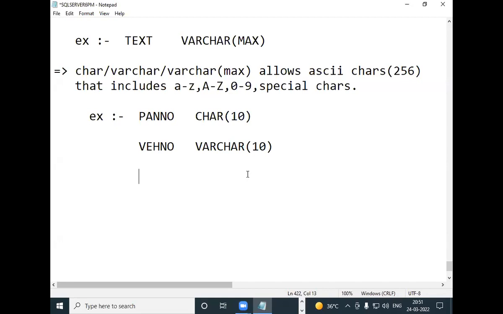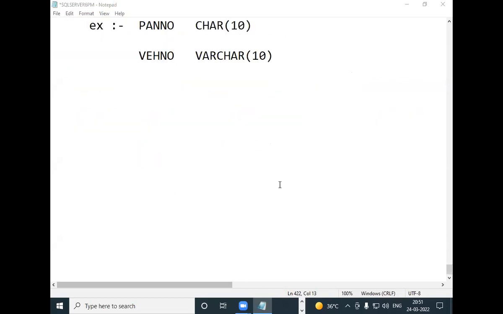Sometimes you'll get a captcha code, which is also alphanumeric. Clear now?